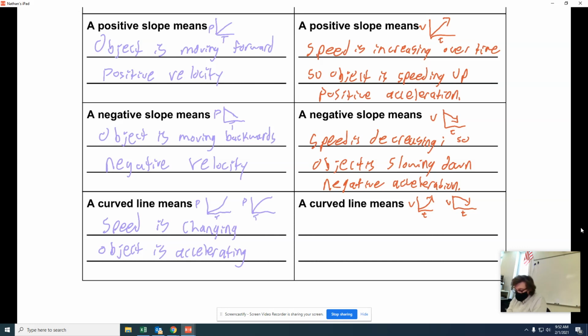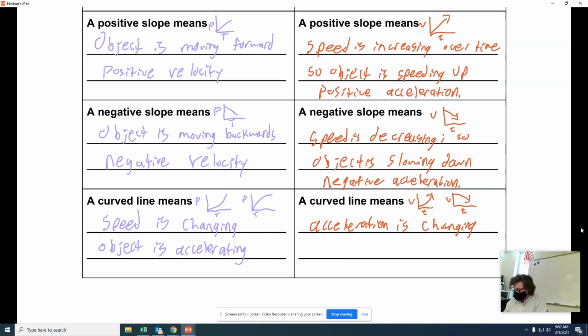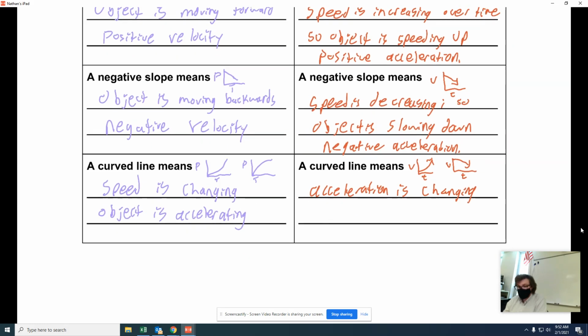But if our line is curved, that means that the acceleration is changing. So our object is either speeding up faster or slowing down faster. This is something that we will not see a whole lot in class, but I still think it's a cool thing for us to look at. So if the slope of our speed versus time graph changes, that means the acceleration is changing.